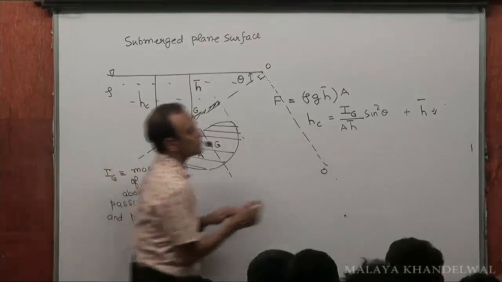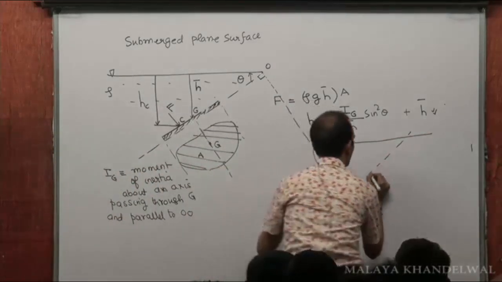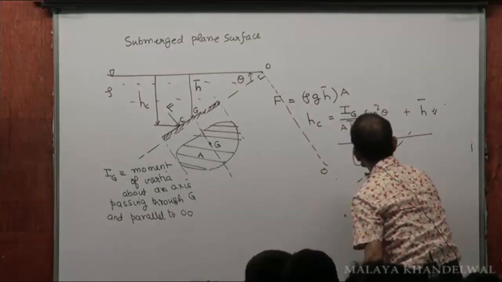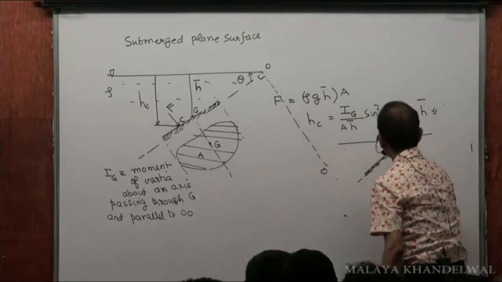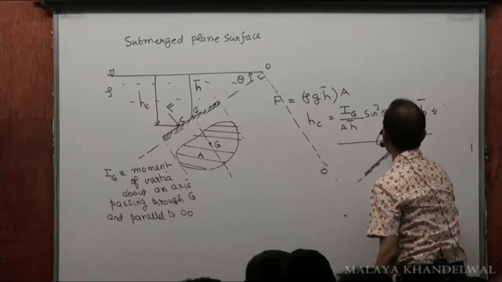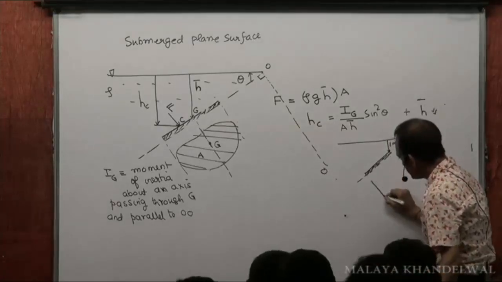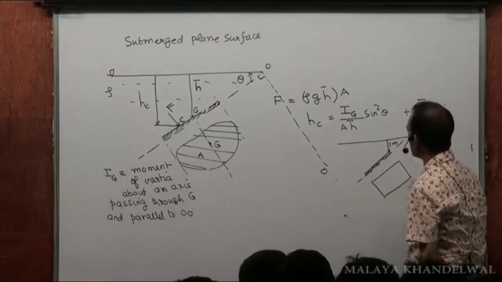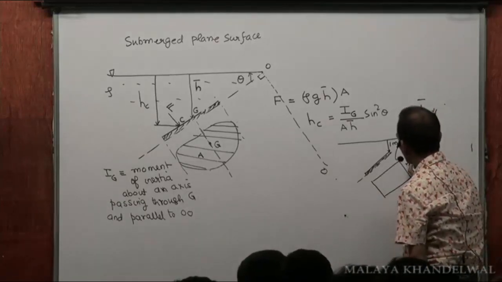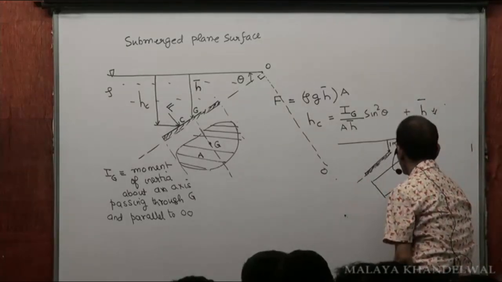Suppose this is a rectangular surface, and say the top end is 1 meter below the free surface. When you view from here, this is the rectangle that you see, and this rectangle is say 5 meters going into the plane of the board and 6 meters like this.